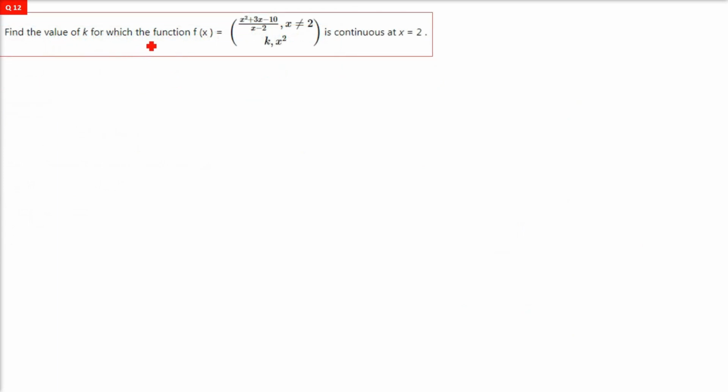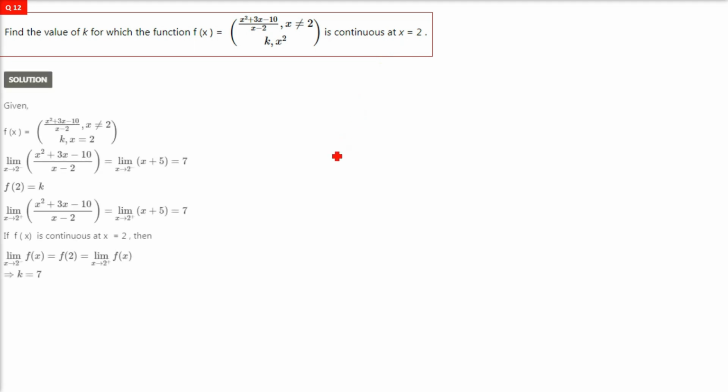Find the value of k for which the function f(x) is equal to this is continuous at x equals 2. So it is very clear here that it is continuous at x equals 2. We are talking about a point 2, and since it is not equal to 2 elsewhere, you don't have to go for LHL or RHL because you just have to find out the limit.